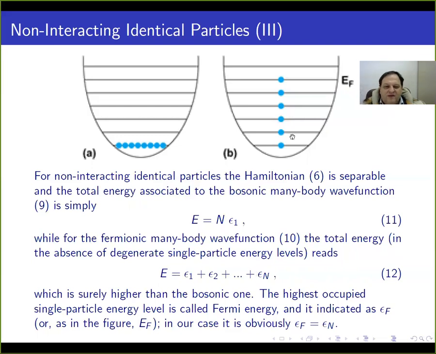Namely, you have the energy of the lowest single particle level, plus the energy of the first excited, plus the energy of the second excited, up to the highest excited single particle energy level. And obviously, this means that the energy of identical fermions under the same external potential as bosons is higher than the total energy of the bosons.